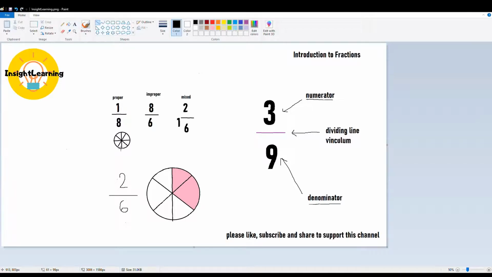Okay, it's very small, but there's 8. I made 8 pieces altogether because 8 is the denominator. As 1 is the numerator, I'm going to shade in 1 of these pieces.